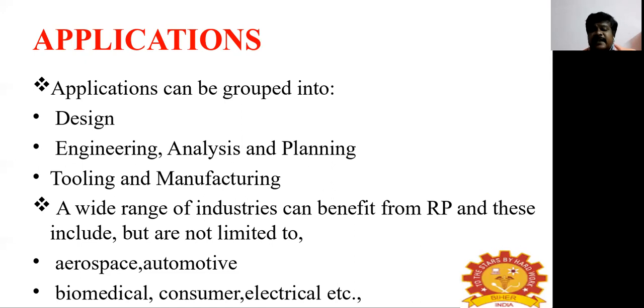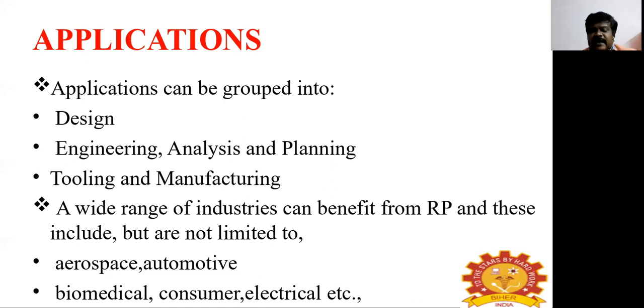All these play a main role in manufacturing. From the application point of view, even biomedical applications we can take into account. Biomedical consumable products we can also make by means of this RP machine.